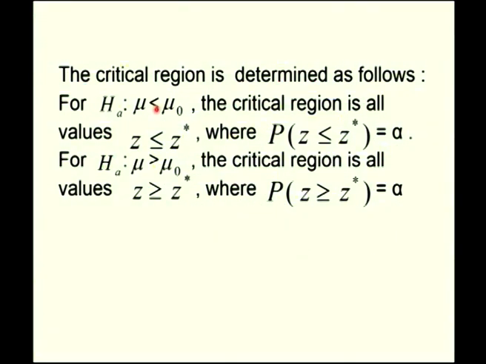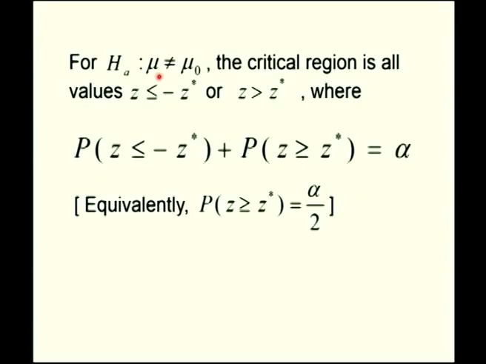Recall from the previous session, when alpha is equal to 0.05, we found Z star as minus 1.65. Similarly, for HA mu greater than mu naught, the critical region is all Z greater than or equal to Z star, where the probability of Z greater than or equal to Z star is alpha. Again, when alpha is 5%, this Z star value is plus 1.65.